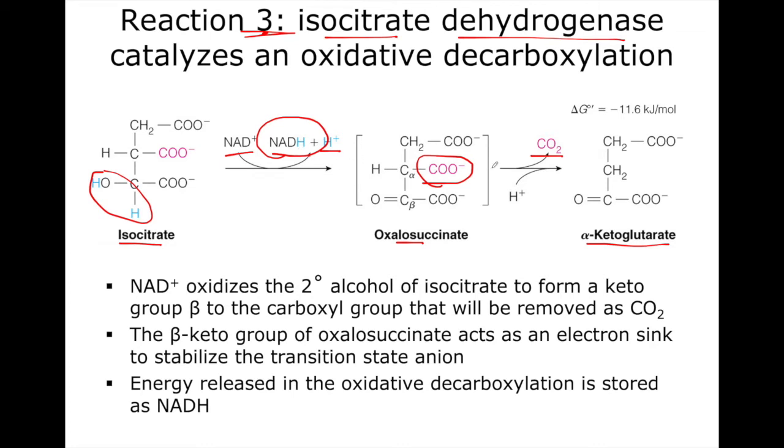We also have our first decarboxylation reaction, so we're going from 6 carbons down to 5 carbons. And as we said, this is fairly exergonic, so a lot of energy is released. A good bit of that energy is stored in that reduced electron carrier, NADH, which we can use through oxidative phosphorylation to produce more ATP.